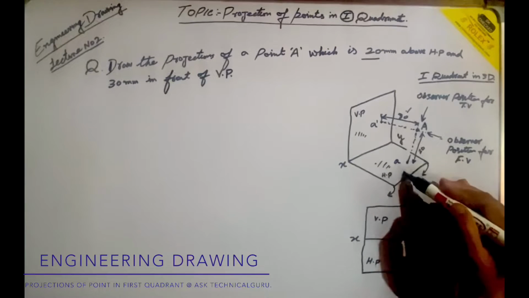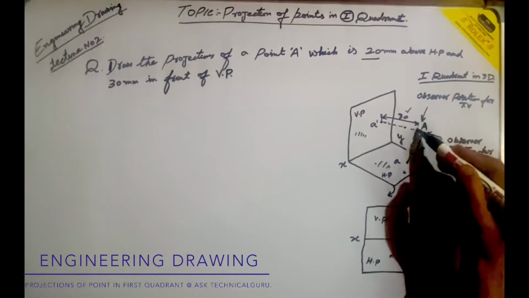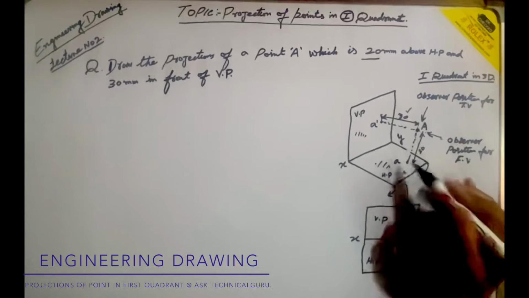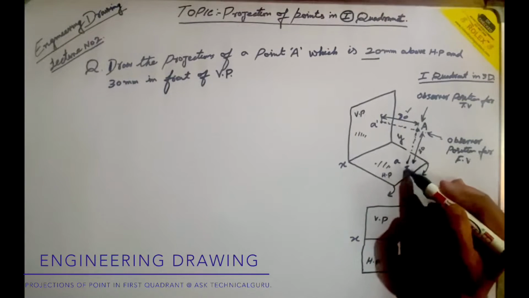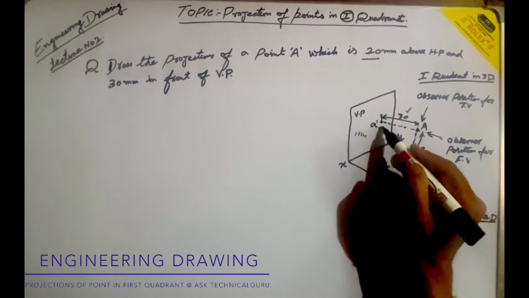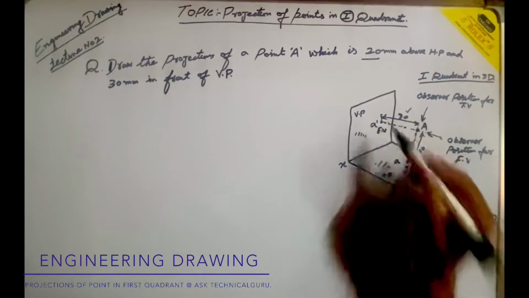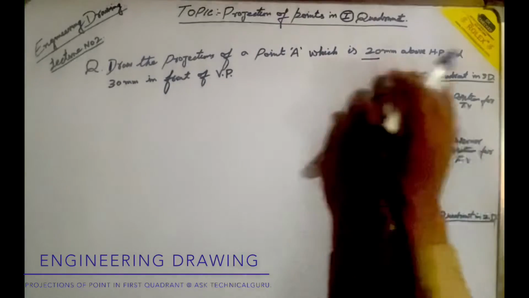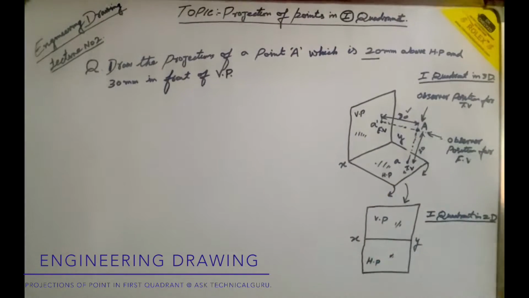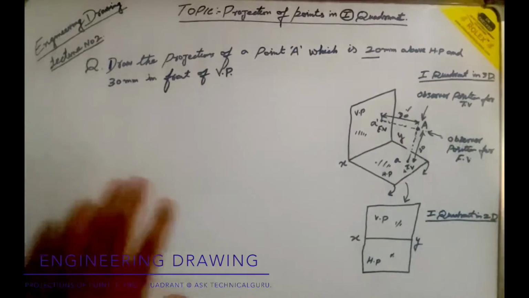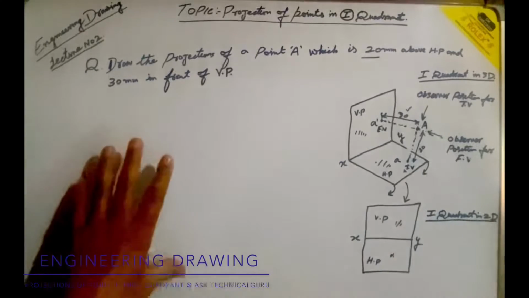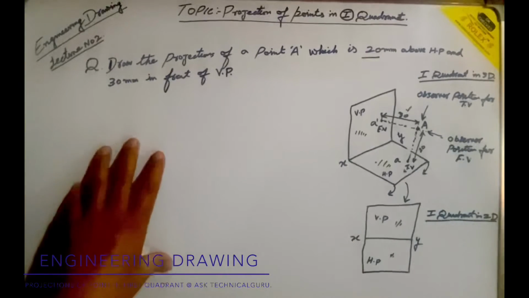This is the horizontal plane. The point is not here, the actual point is here. These are the projections: this is its top view, and this is its front view. Now this is the pictorial representation. How are we supposed to draw these projections in a 2D format?